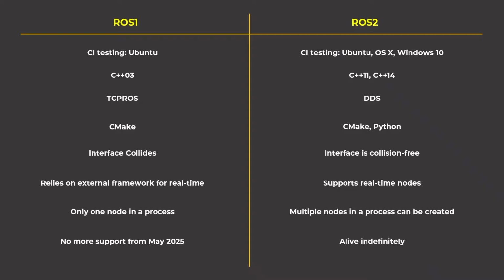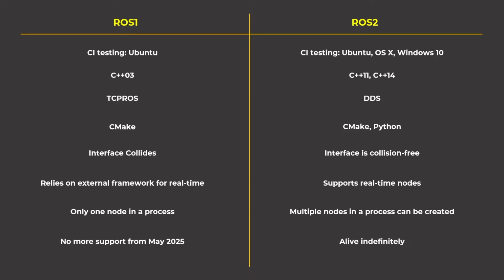In ROS2, continuous integration testing is not only done on Ubuntu, but has now been extended to OS X for Apple users and Windows 10 for Microsoft users. The core of ROS1 is targeting C++03 and doesn't make use of C++11 features in its API.